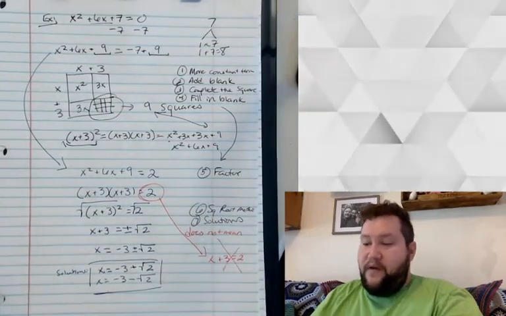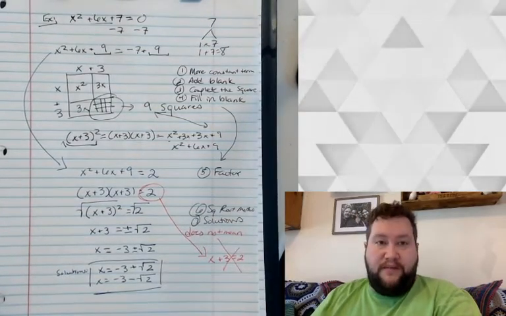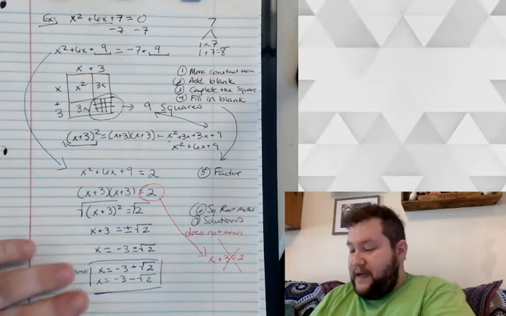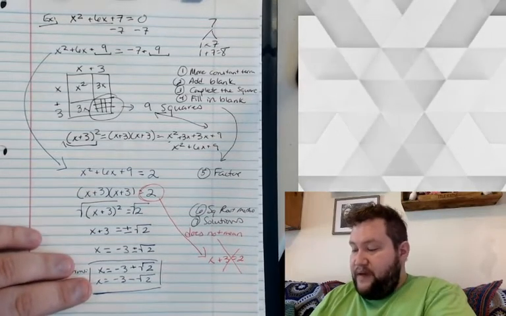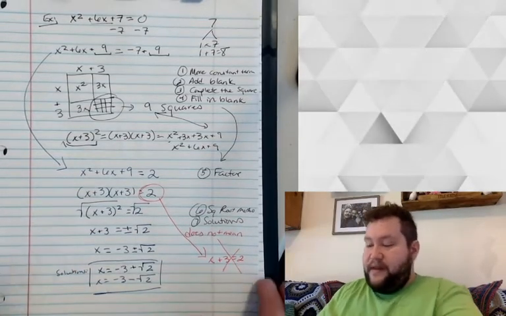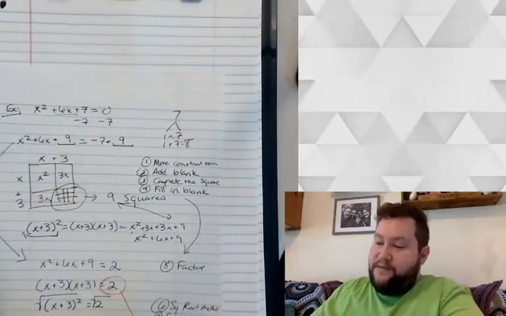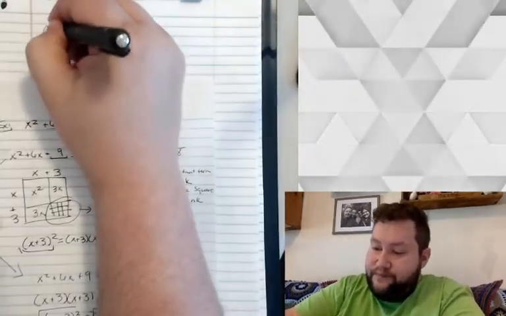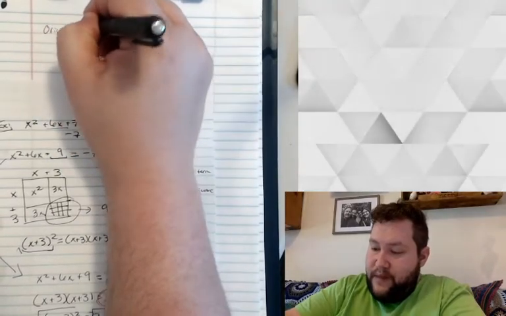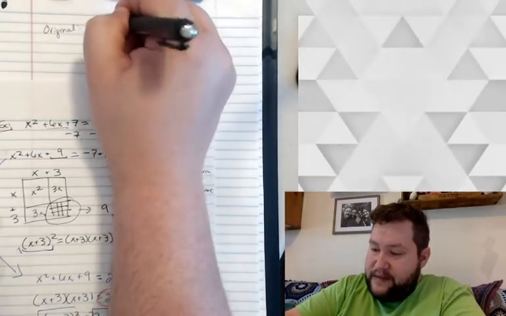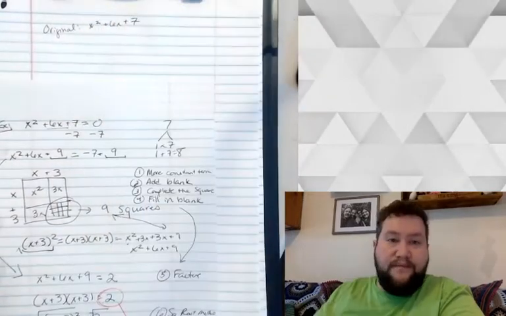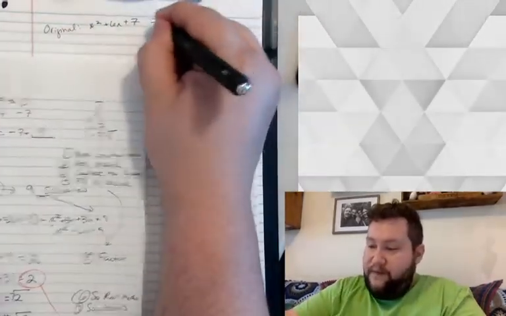And we can always go back and double check. And so if we would take -3 plus the square root of 2, I think that's worthwhile. I'm going to copy this over. So we have our original x squared plus 6x plus 7 equals 0.